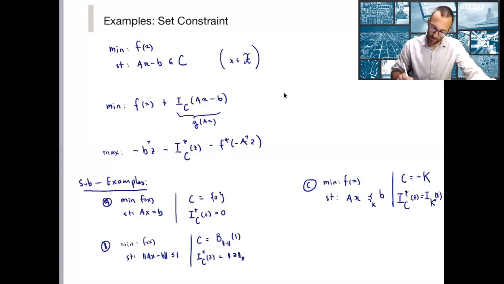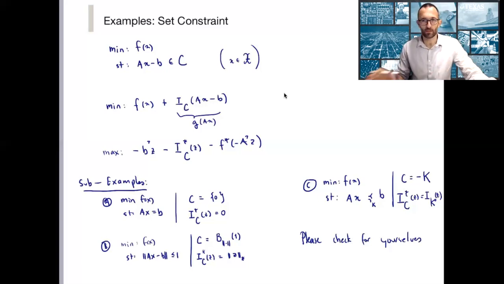So again, please check all of these for yourselves, and also make sure you take it to the end. Write down what the dual problem is when I have minimize f of x subject to Ax equals b, or when I have this cone constraint.